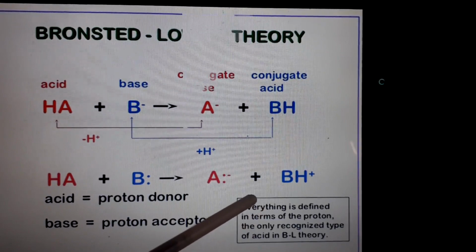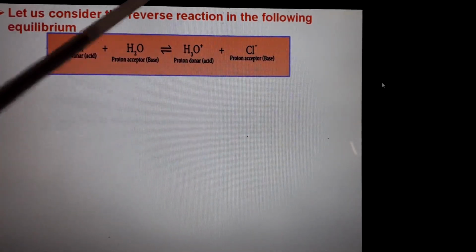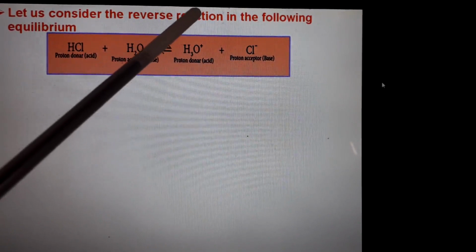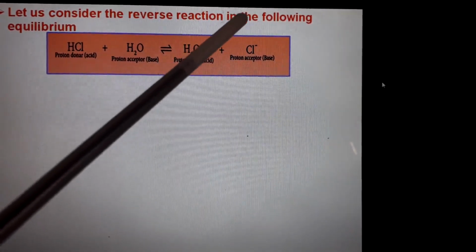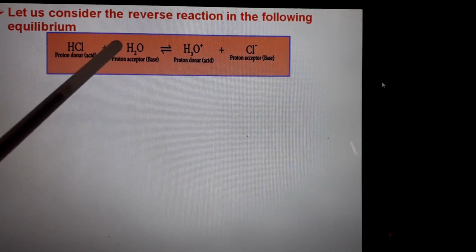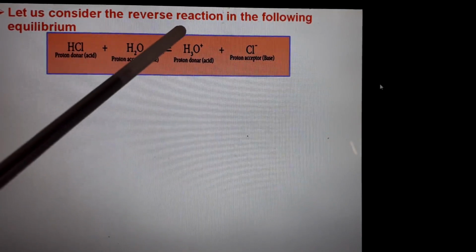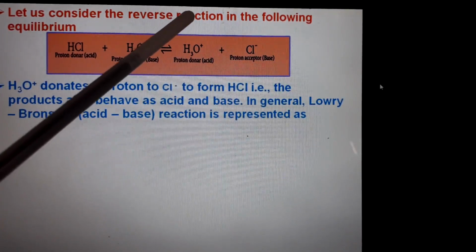Okay? Now, let us consider the reverse reaction of the following equilibrium: HCl plus H2O in equilibrium with H3O plus and Cl minus. HCl is the proton donor, and H2O is the proton acceptor because it accepts the H plus ion to change to the H3O plus ion, a positive ion.